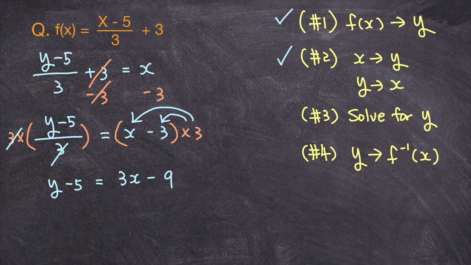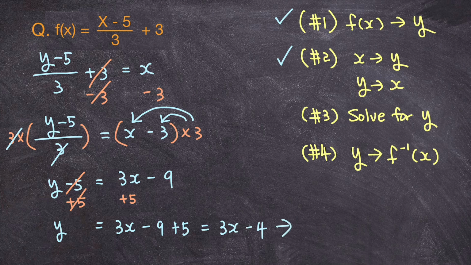And then lastly, in order to further isolate y, I'll need to get rid of this negative 5, and I can do that by adding 5 to both sides. That way, I get y is equal to 3x minus 9 plus 5, which is equal to 3x minus 4.